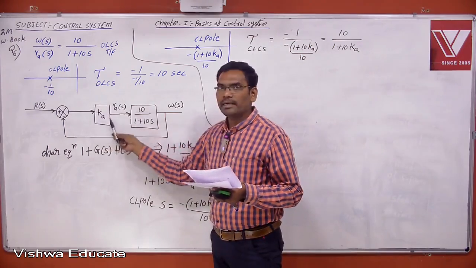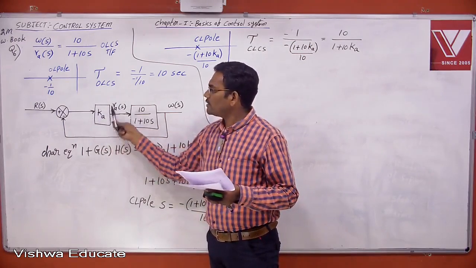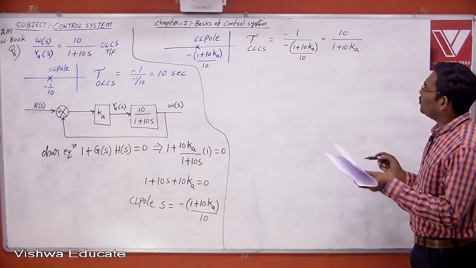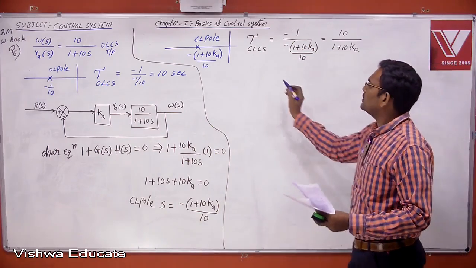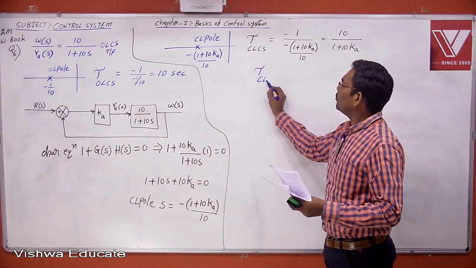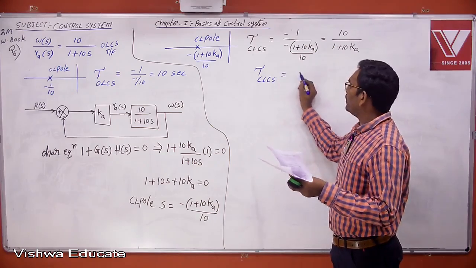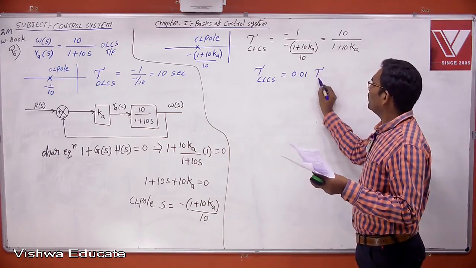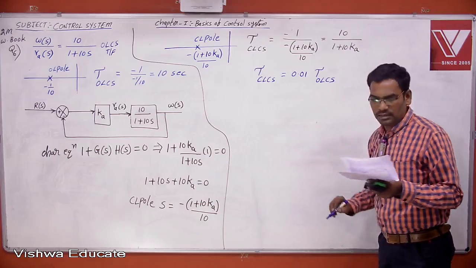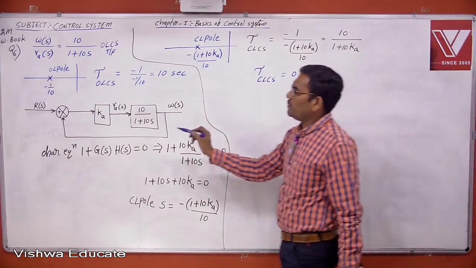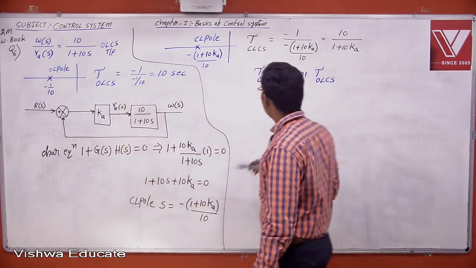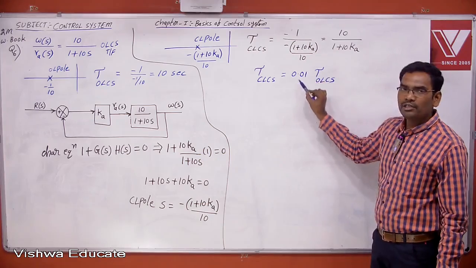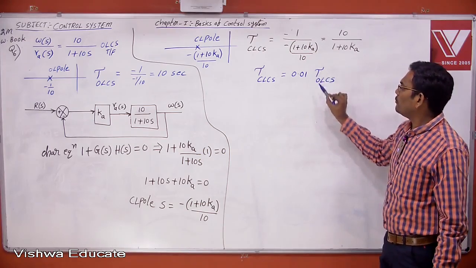Find the approximated value of Ka such that the time constant of closed loop control system is equal to 0.01 times of time constant of open loop control system.